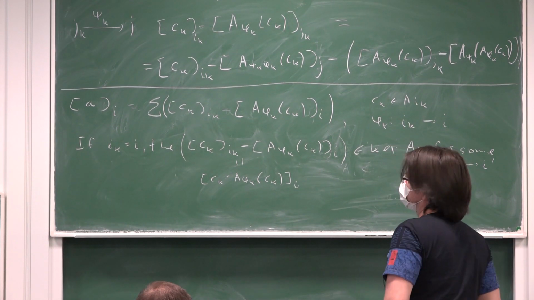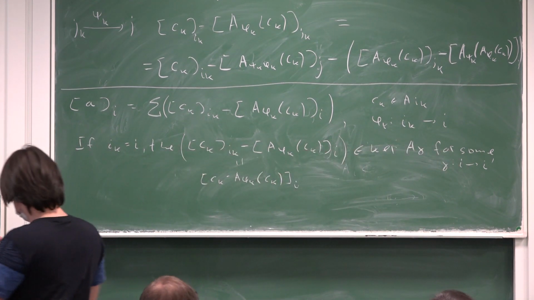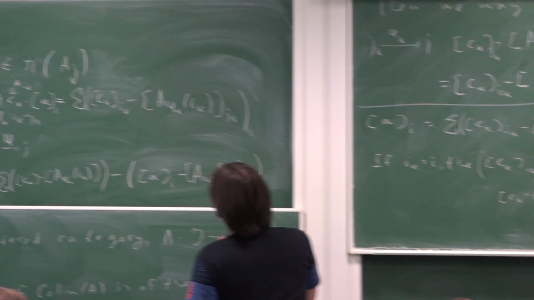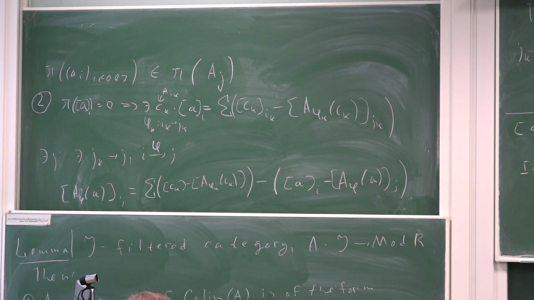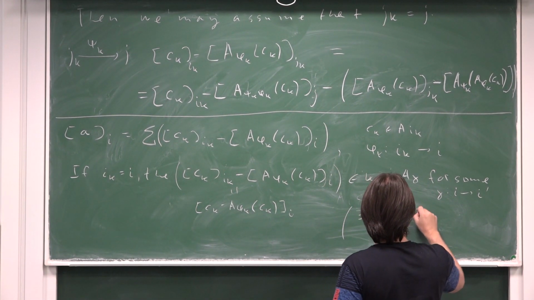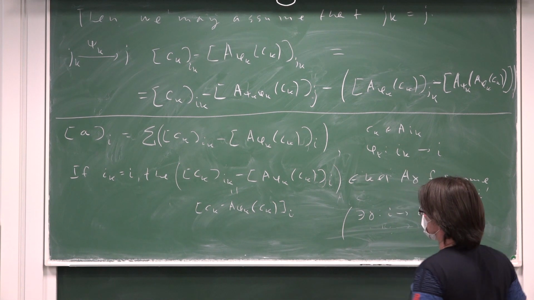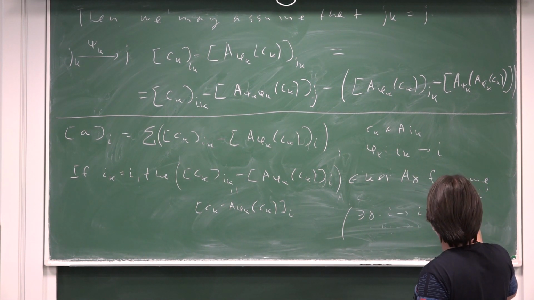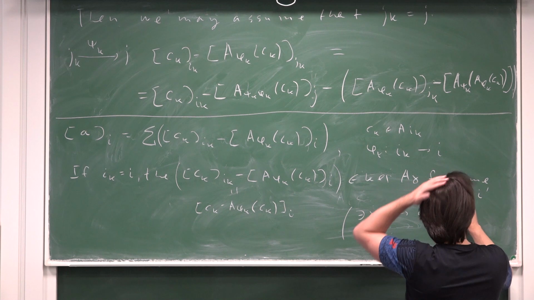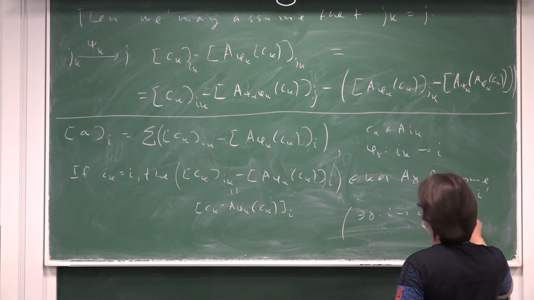Because by the definition of a filtered category, there is some gamma from I to I prime that equalizes two arrows: one arrow is the identity from I to I, and another one is phi_k.